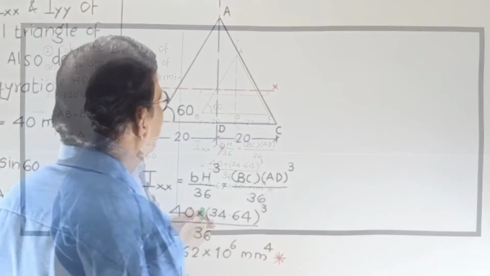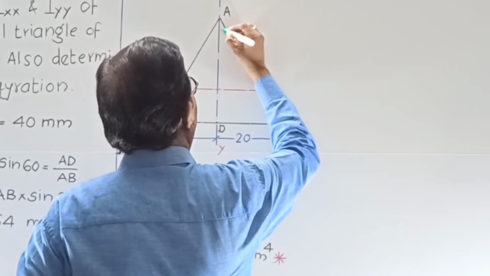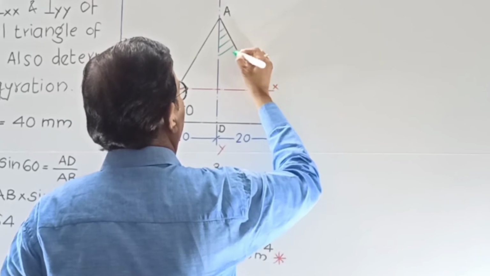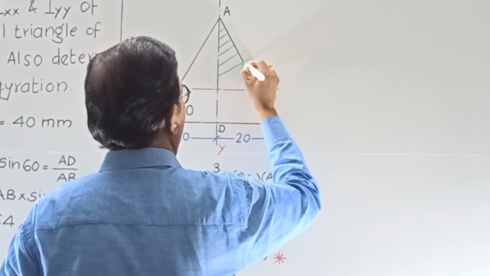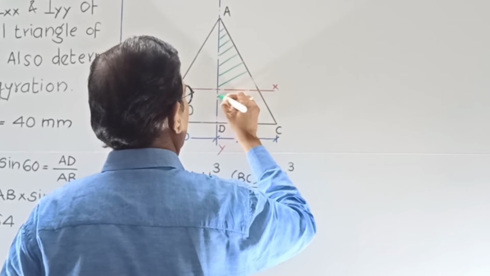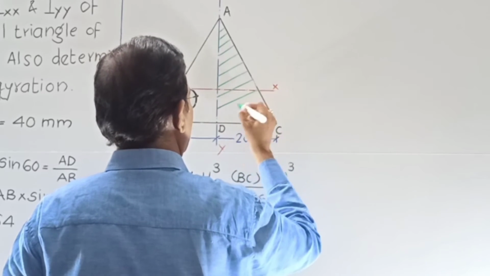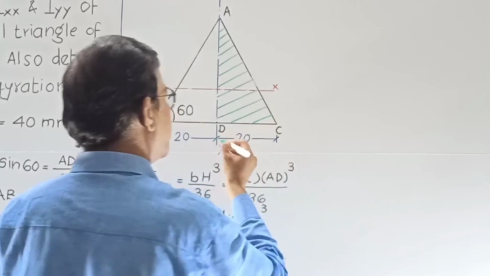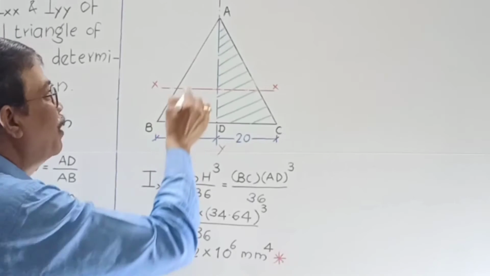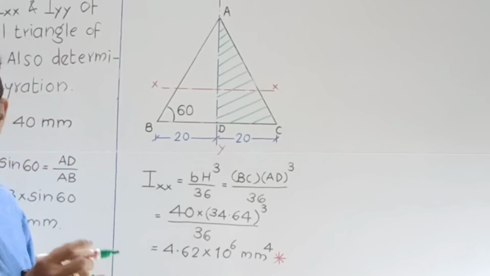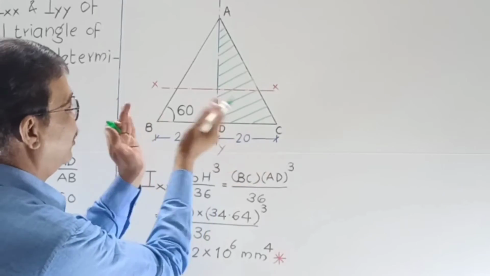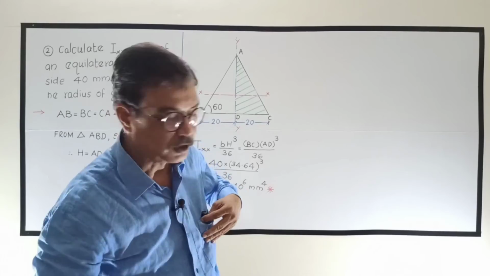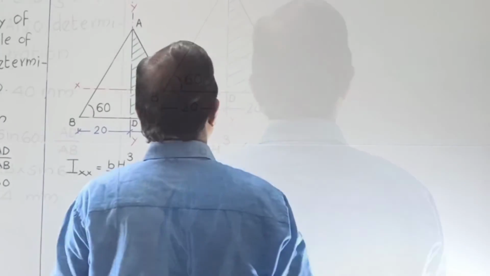So may I say that this Iyy will be the moment of inertia of triangle ADC about the side AD multiplied by 2, because these are two triangles. Do you understand this?